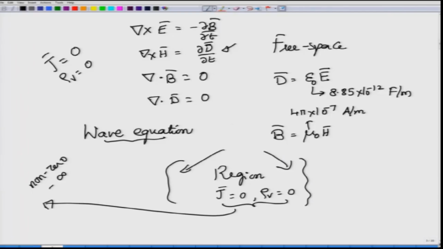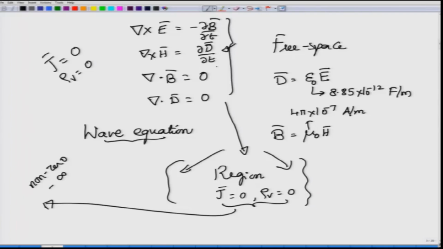So, we have this region, there are no J fields or free charges, and these are the Maxwell's equations which have been applied for this case. These equations are valid in this region, and you can see that we have removed the source terms or set the source terms equal to 0.